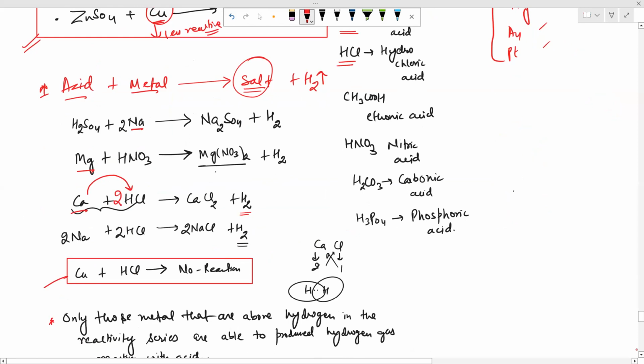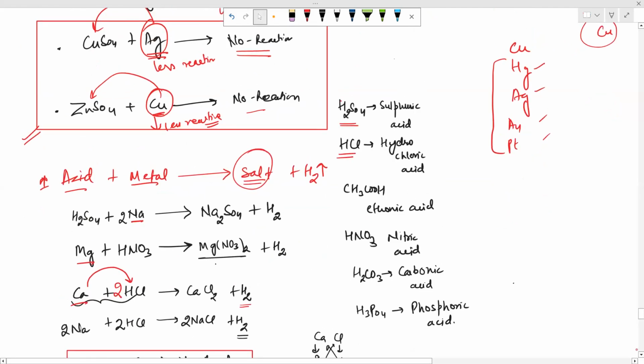Write the names of some important acids: sulfuric acid, H2SO4; HCl is hydrochloric acid; CH3COOH is ethanoic acid; HNO3 is nitric acid; H2CO3 is carbonic acid; H3PO4 is phosphoric acid. Note it down, please.